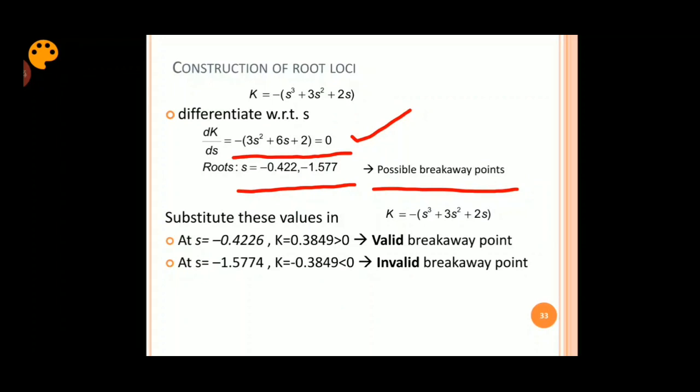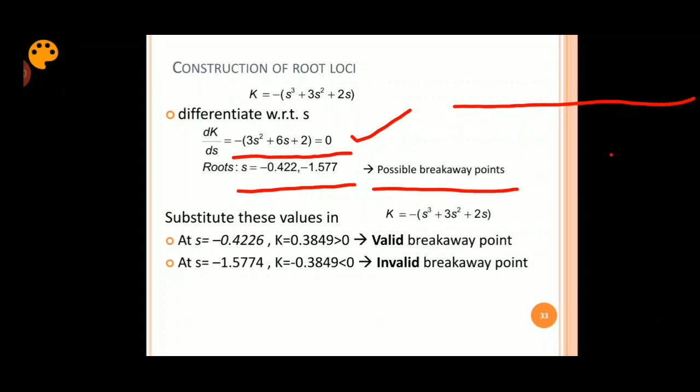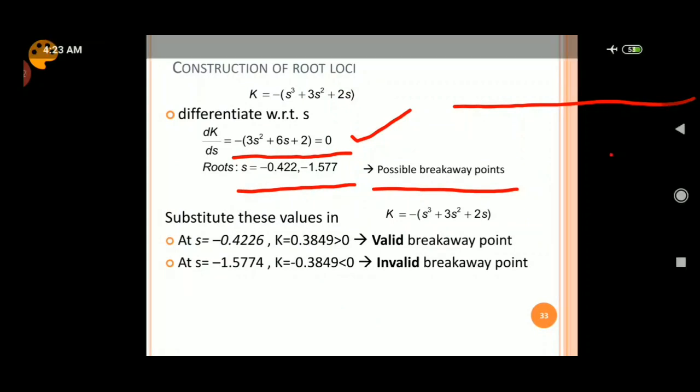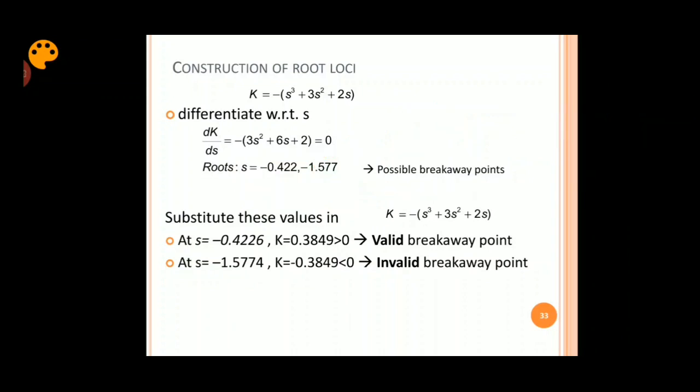So if you remember, when we had predicted, we have a pole here at 0, minus 1 and minus 2, and we predicted that there might be a breakaway point in the section between 0 and minus 1. So this 0.422 will lie between this section. So let me draw again.